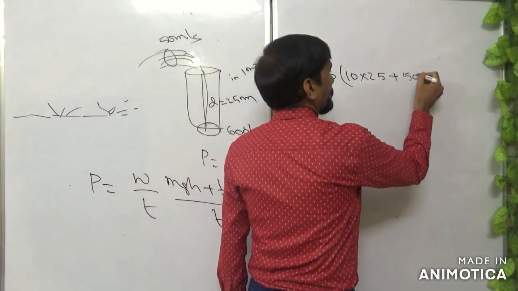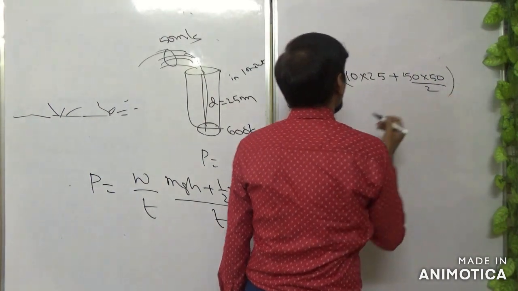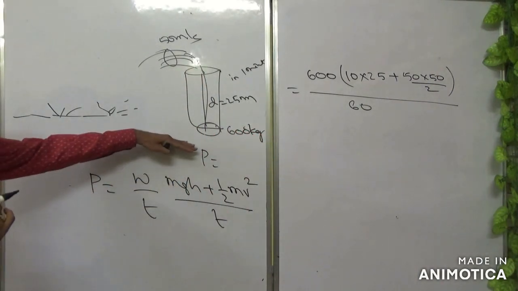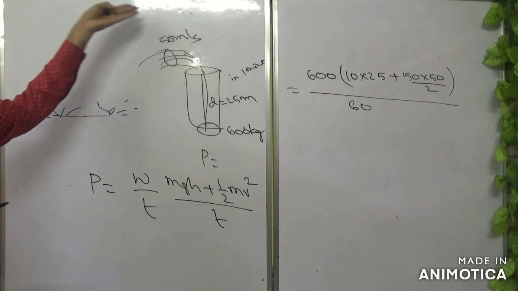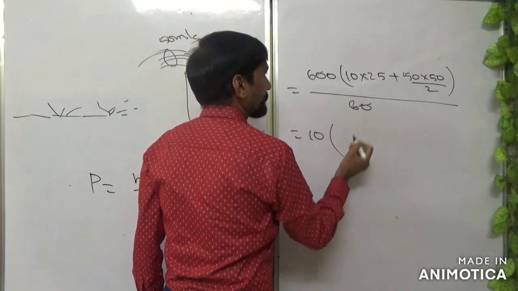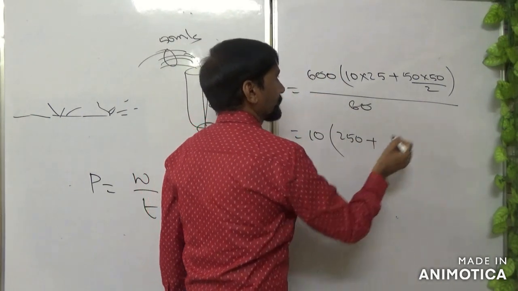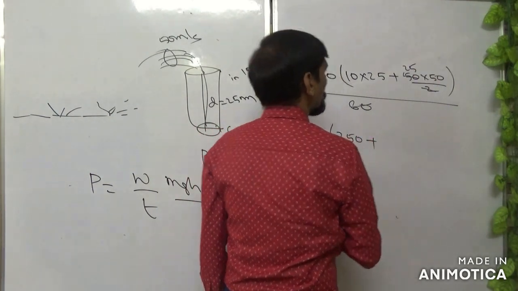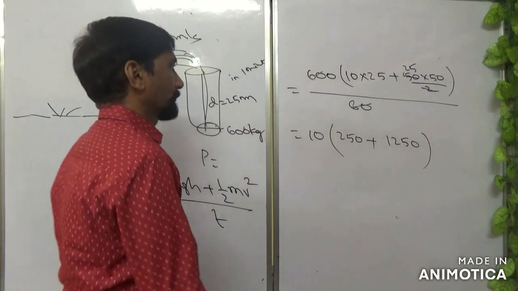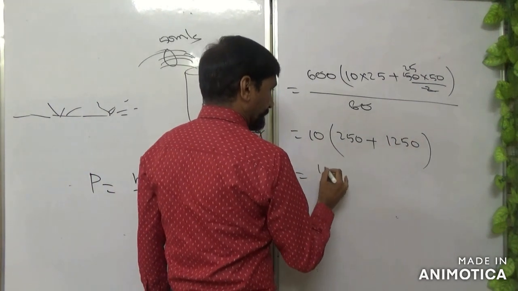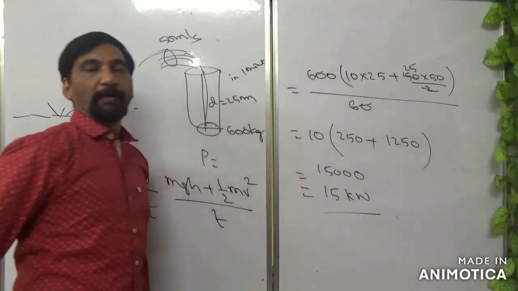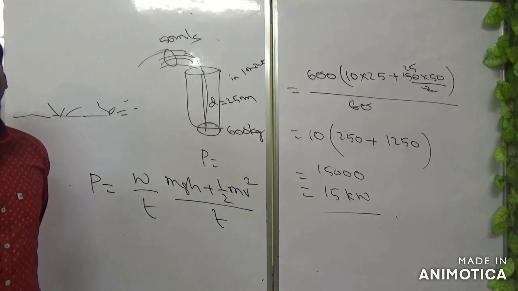So 50 into 50 by 2. Per minute, so 60 seconds. So you want to know the power of the engine required to lift water and to reject. Okay, so 1500 into 0. So power required is 15 kilowatt.